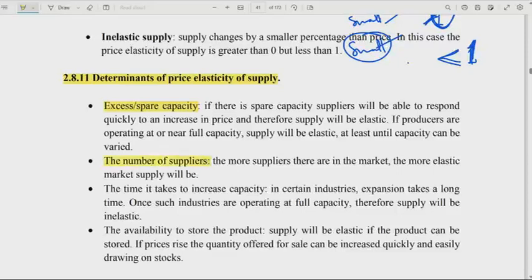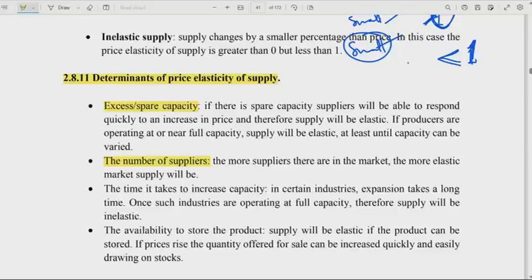Another thing that would affect the price elasticity is the number of suppliers, right? The more suppliers in the market, the more elastic the supply will be. If there are a lot of players in the market, then when there is a change in the price, a lot of people will supply that item. If there are fewer people, it will be inelastic. Where will people come from to supply?